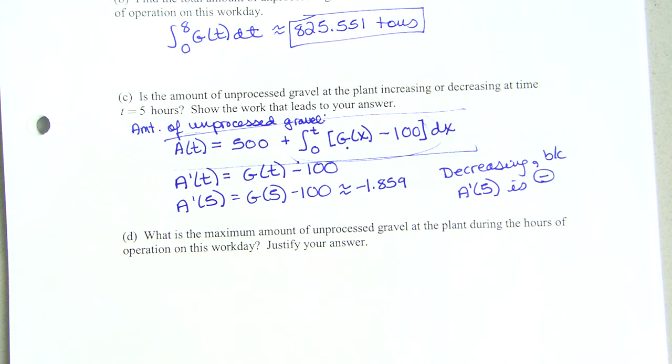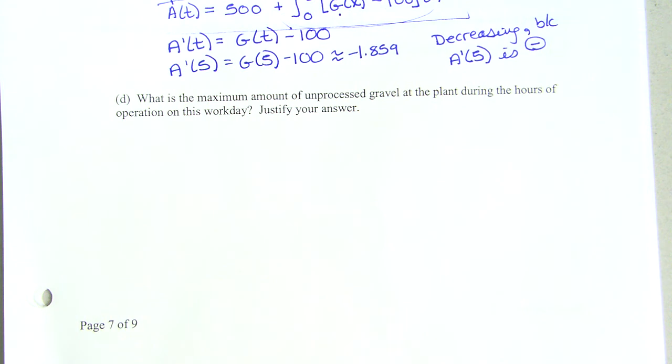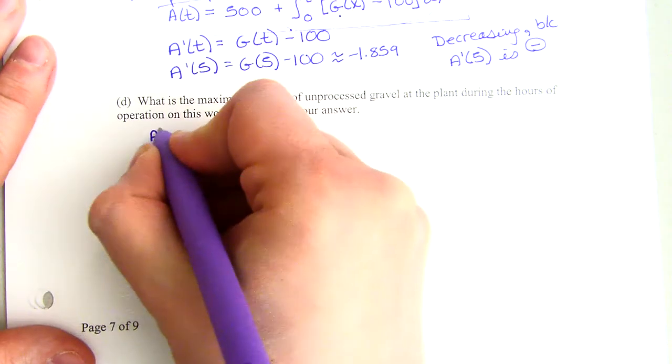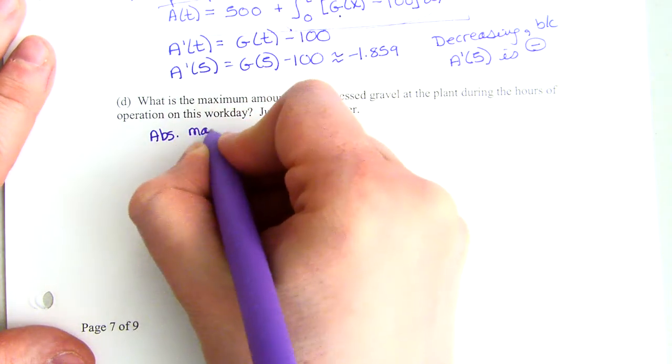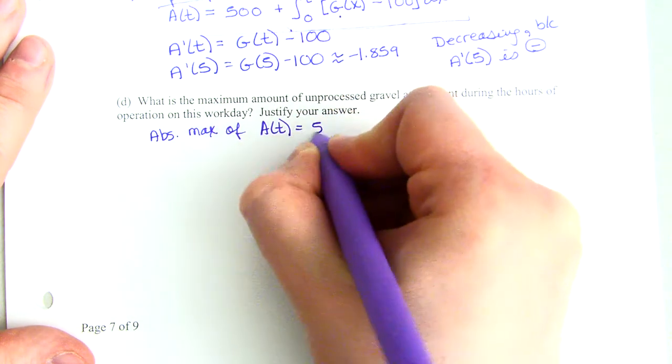One more. What is the maximum amount of unprocessed gravel at the plant during the hours of operation on the workday? Justify your answer. Well, I want to find the absolute maximum of that function I created, A of t. I might as well just rewrite this thing over here.